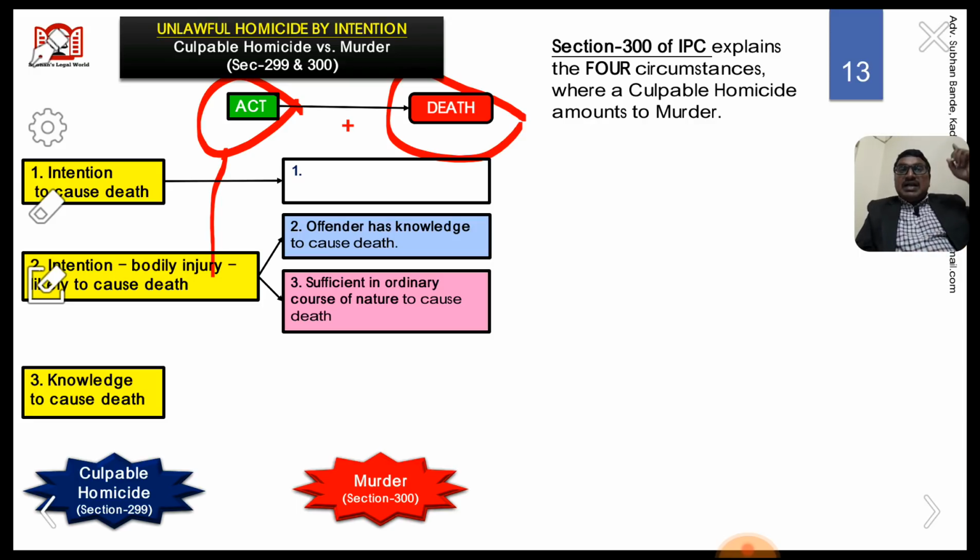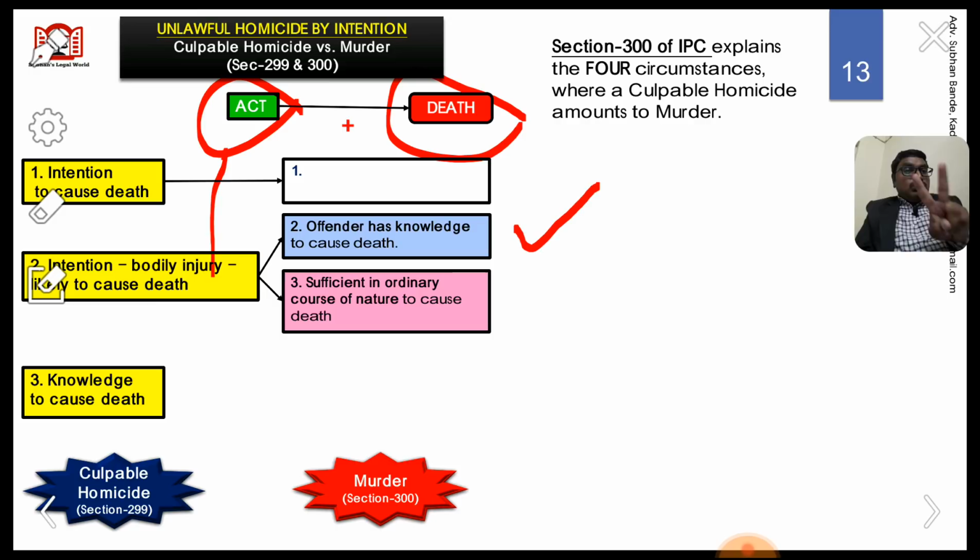The ultimate intention of the accused is to cause the death of the victim. And also the accused has the knowledge to cause the death. He has intention to cause bodily injury that is likely to cause death, and he also has the knowledge to cause the death of another human being.